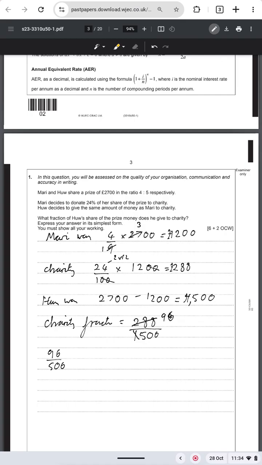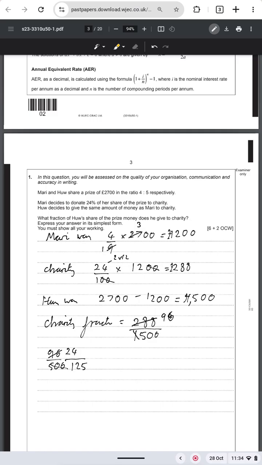So I'm going to divide by 4. 4 goes into 96 24 times, and 4 goes into 500 125 times.